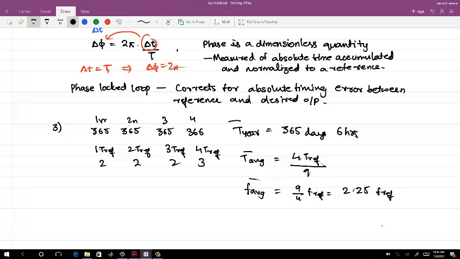This is called a fractional multiplier. It's not multiplying by 2, it's multiplying by 2.25. Such PLLs which enforce this relationship are called fractional-N PLLs.